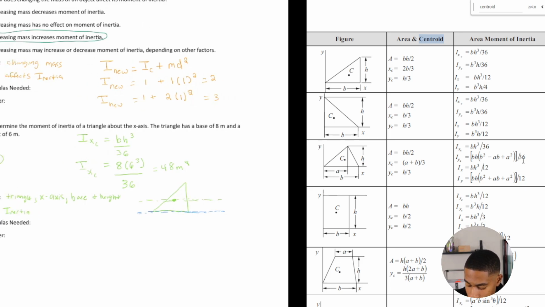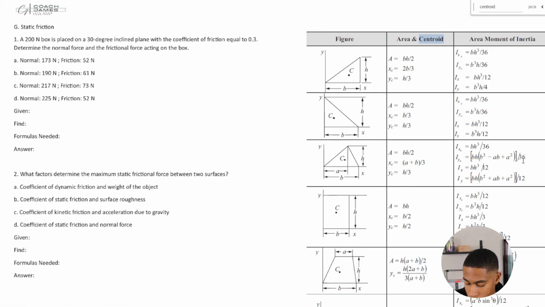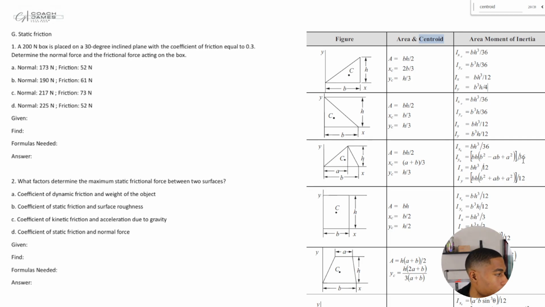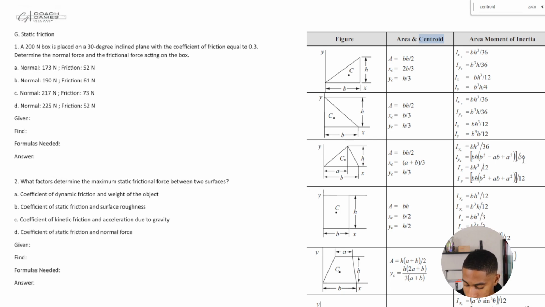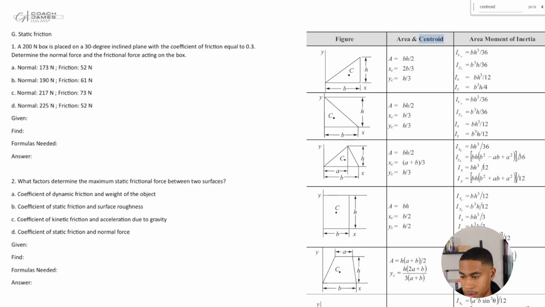Okay. In the next section, we're going to be looking at static friction, and I believe that will wrap up the statics review. But let me check just to make sure.